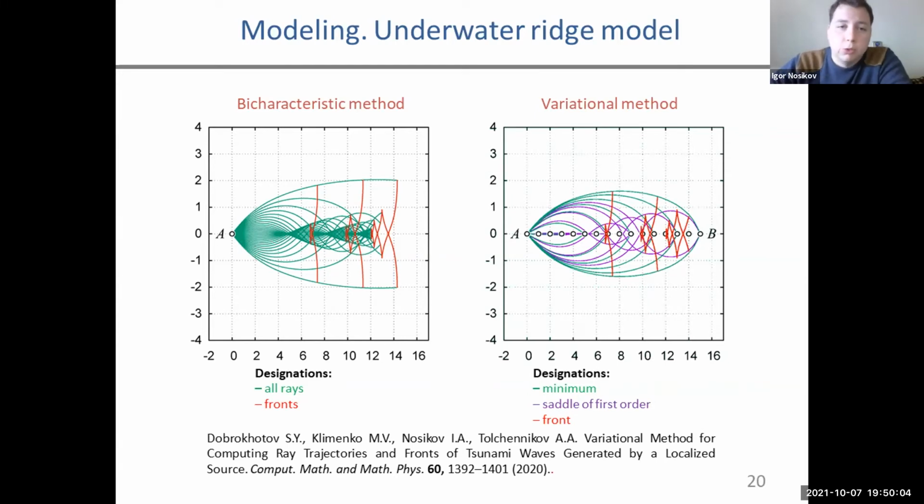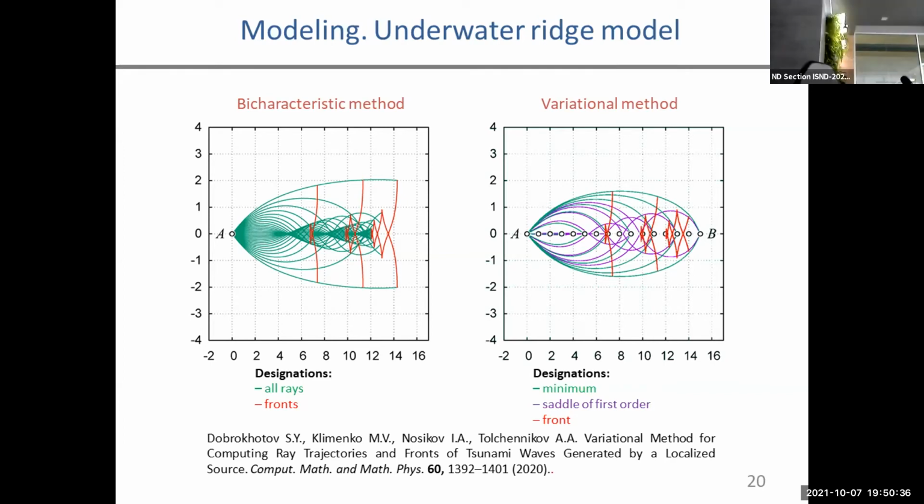It should be noted that this example has multiple caustics, and these caustics provide the existence of stationarity of higher order. I mean, when a ray touches caustics, the saddle points invert to a higher order.